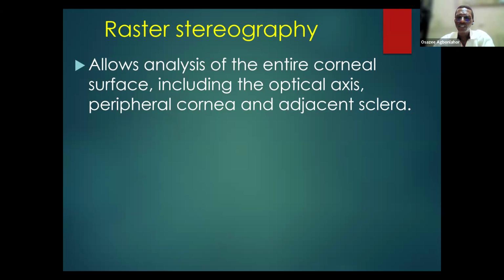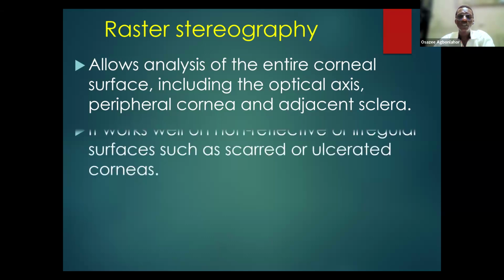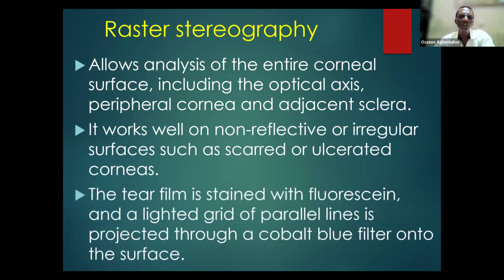It does that using the projection system, not the reflection system. It works well on non-reflective or irregular surfaces such as scarred or serrated corneas. So a cornea that is not transparent can still be measured. You can measure the curvature using the projection system, not the reflection system, because at that point it may not be able to reflect any image.